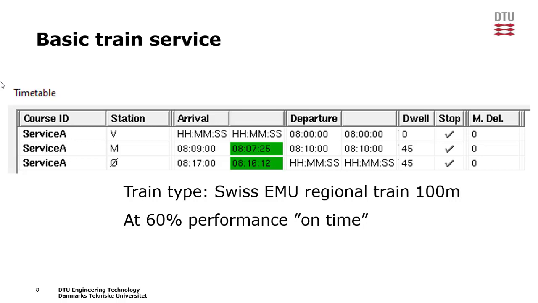So let's go ahead. I'm going to start OpenTrack, and let's get going with this software. Here's our OpenTrack software running now, and we've got our model up on the screen.